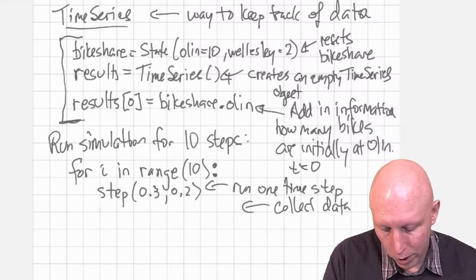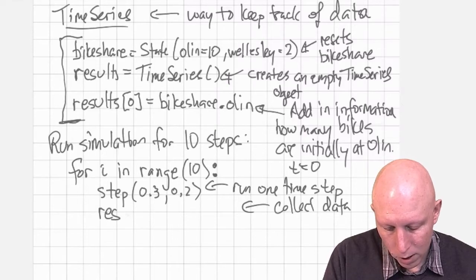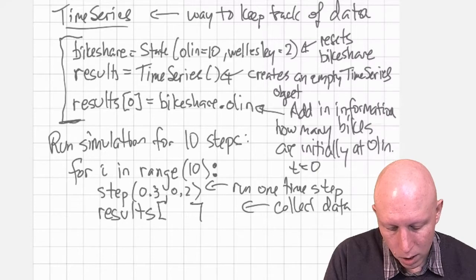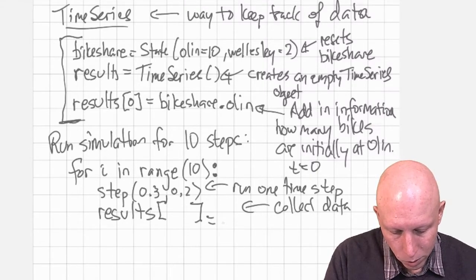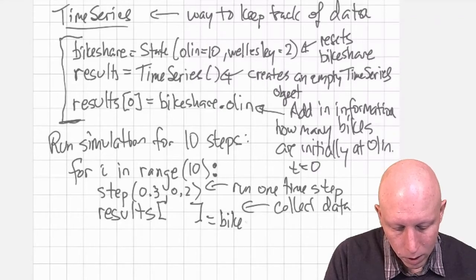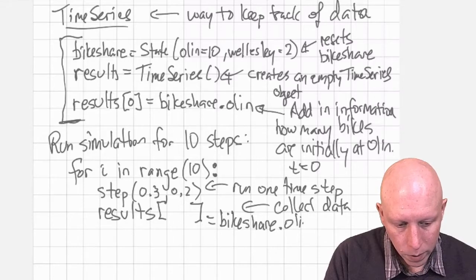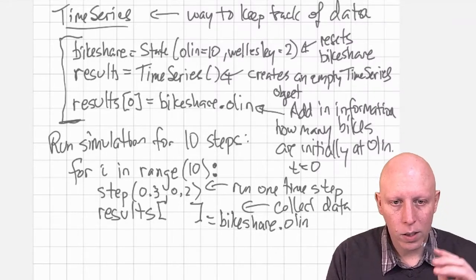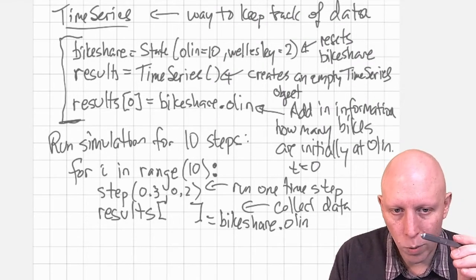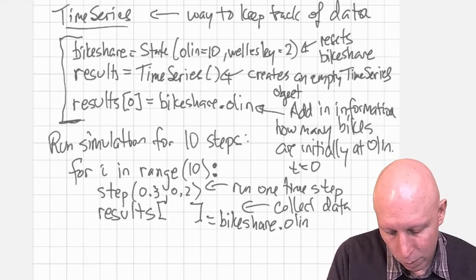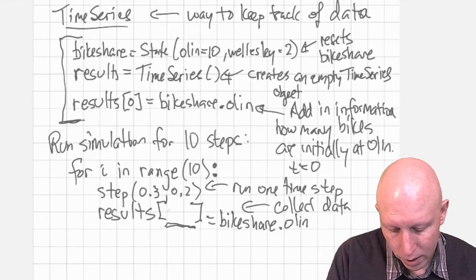Okay, and so I'm going to write this results. I'm going to put some information into results, and I'm going to have it be equal to bikeshare.olin. Let's think about what we have to put in here. We're going to put something in here based on i.